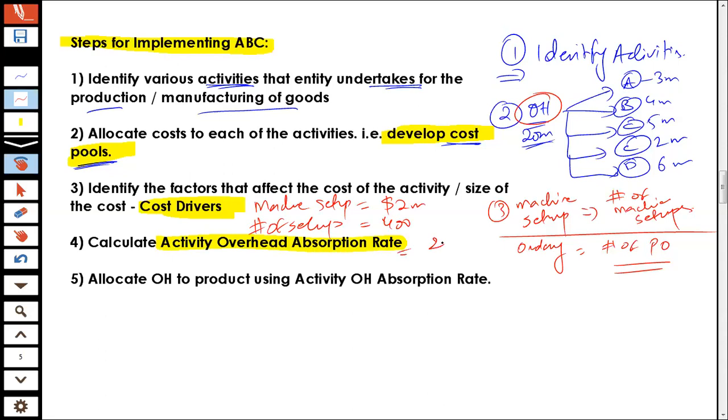So what we are simply going to do is say 2 million divided by 400. Let's try to understand what exactly this 2 million divided by 400 is going to be.